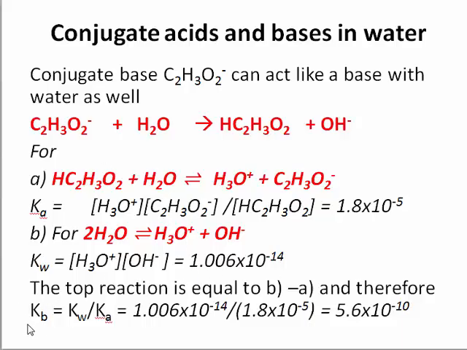Therefore, Kb for this base is K for this reaction, Kw, divided by K for this reaction, Ka. Kb is Kw over Ka, 5.6 times 10 to the negative 10.